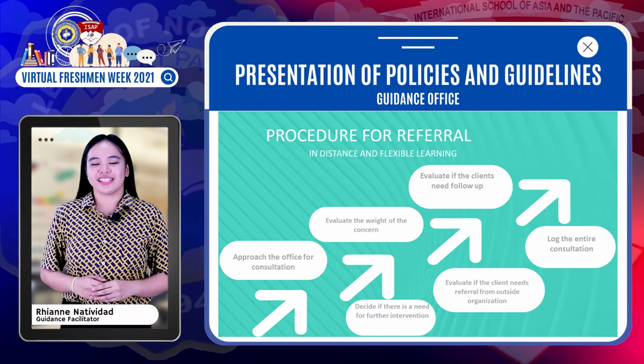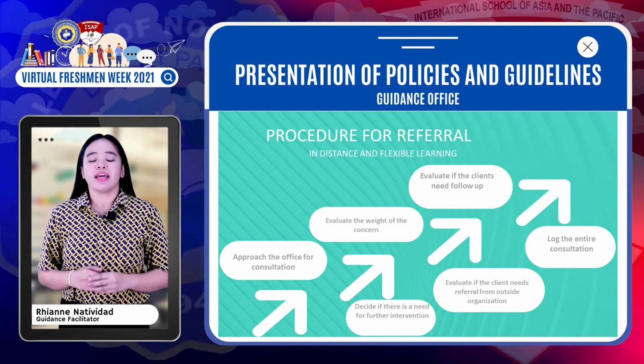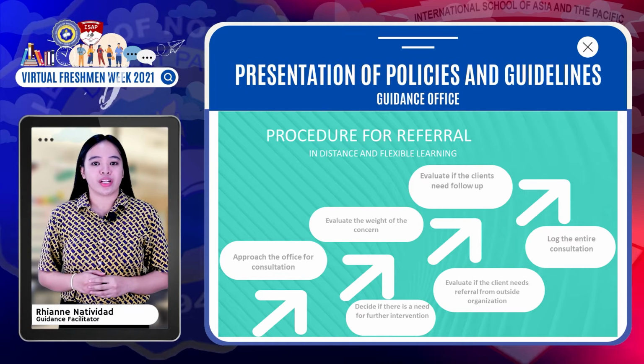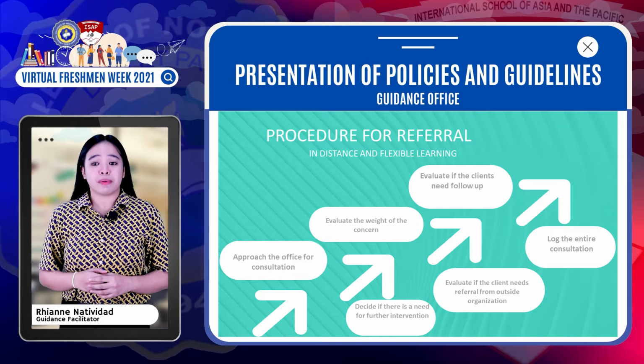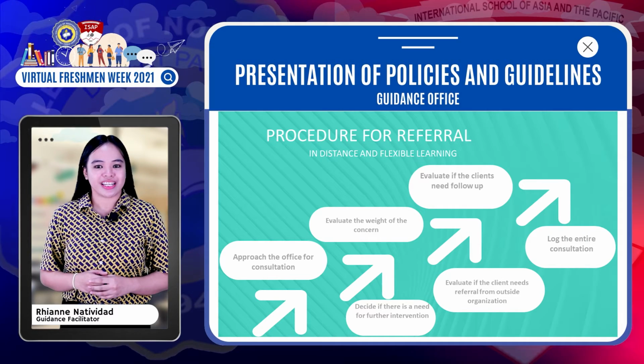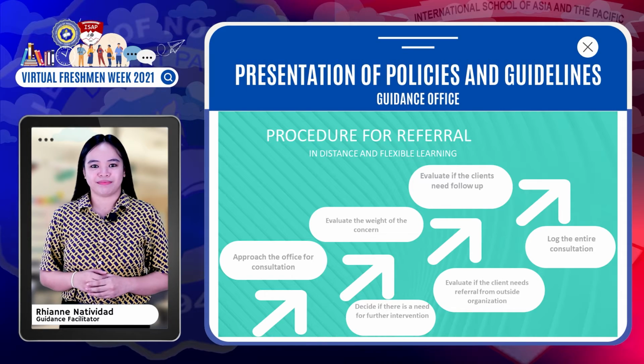If that's the case, here's how the referral outside the organization is done. The guidance personnel will seek the consent of the client and related individuals. Afterwards, the personnel will communicate with the outside organization and will inform the client of the agreed schedule of the session.